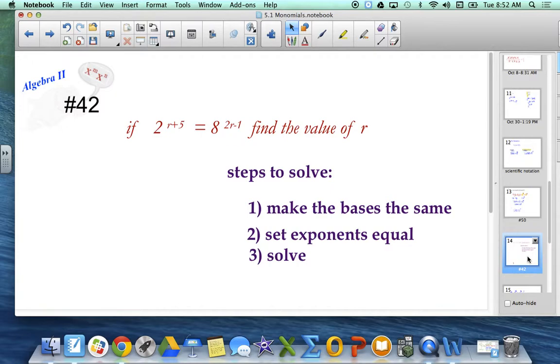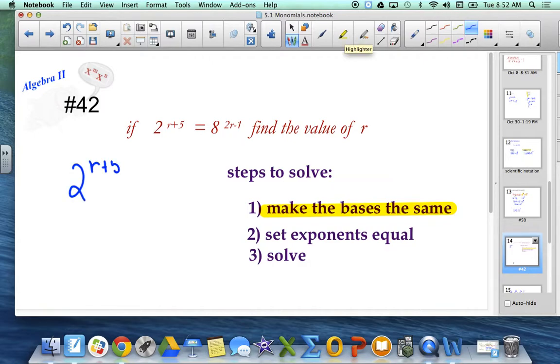So you have to make the bases the same by changing 8 to some 2 raised to some power. So get out your blue sheet and find out what 8 is. 2 raised to what power? The third power. That's right. So we're going to make the bases the same by rewriting 8 in terms of 2.